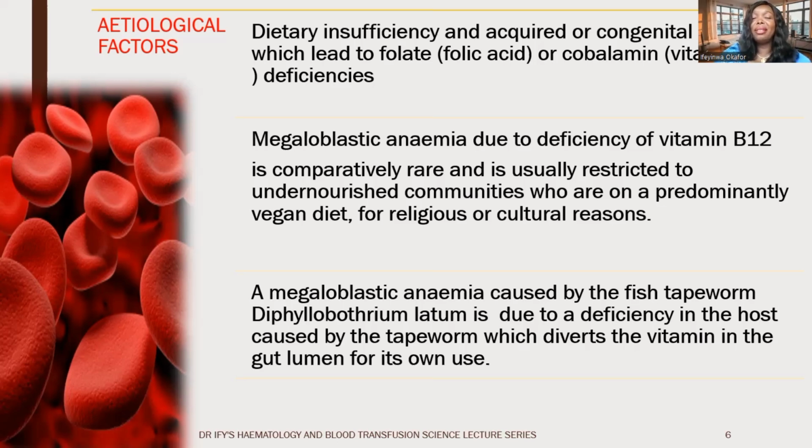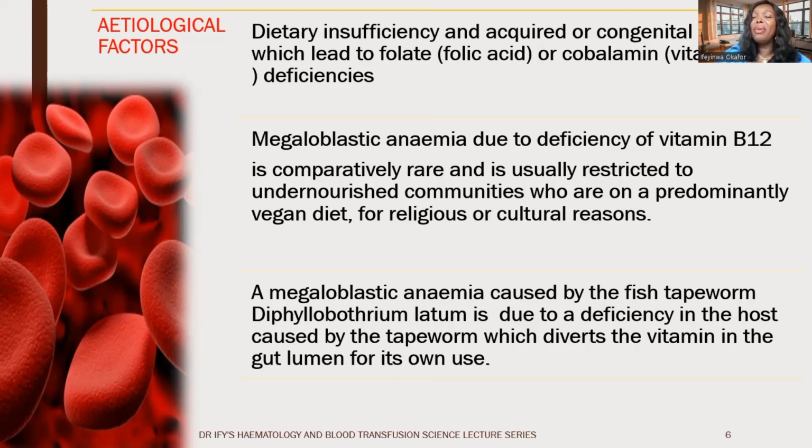Studies have shown that megaloblastic anemia due to deficiency of vitamin B12 is comparatively rare and is usually restricted to undernourished communities who are predominantly vegetarians, who dwell mostly on vegan diets, or people that avoid meat and fish due to either religious or cultural reasons.